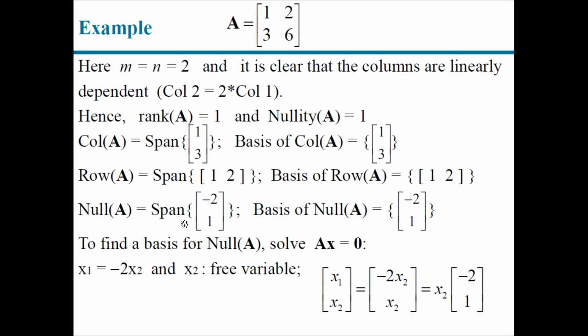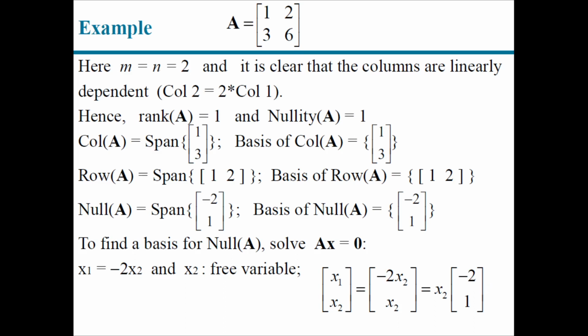The null space is the span of the vector (-2, 1), because the general solution of Ax equals 0 is a multiple of this vector. So this vector is a basis of the null space, and the null space is all scalar multiples of this vector. If you actually do A times this vector, you'll get 0, obviously.